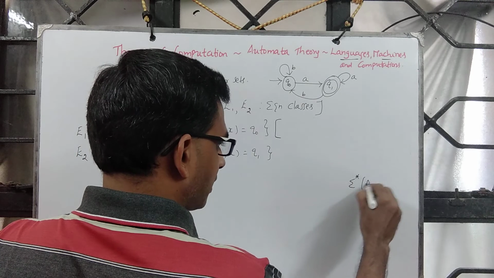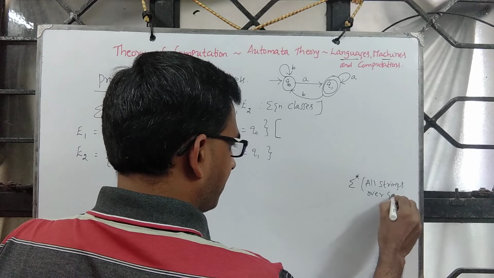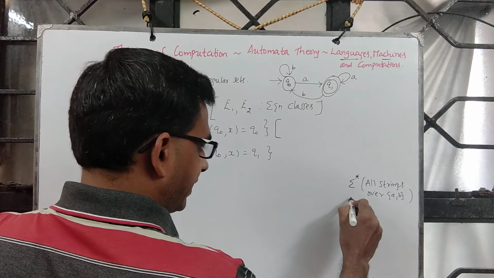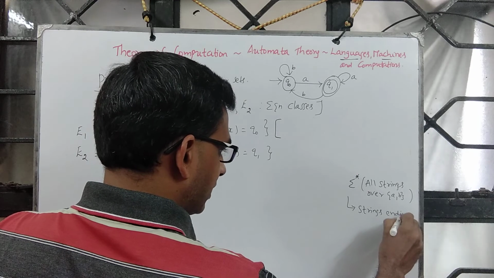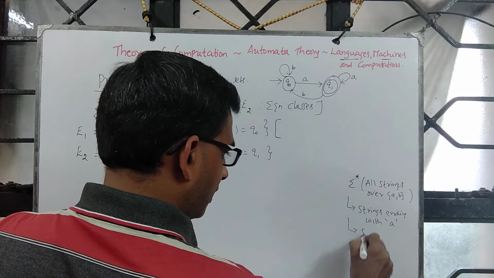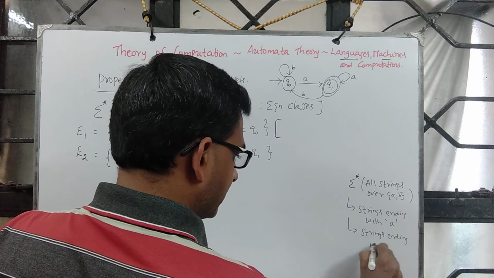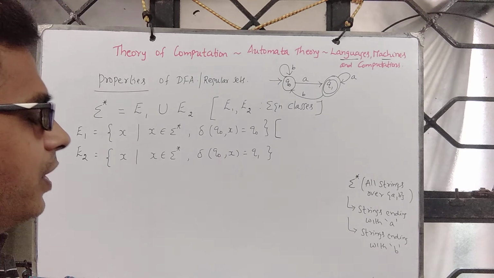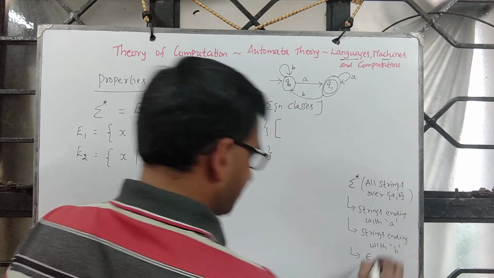Sigma star contains all strings over a comma b. You can see it this way: strings ending with the symbol A, or strings ending with the symbol B. The other one is of course epsilon.